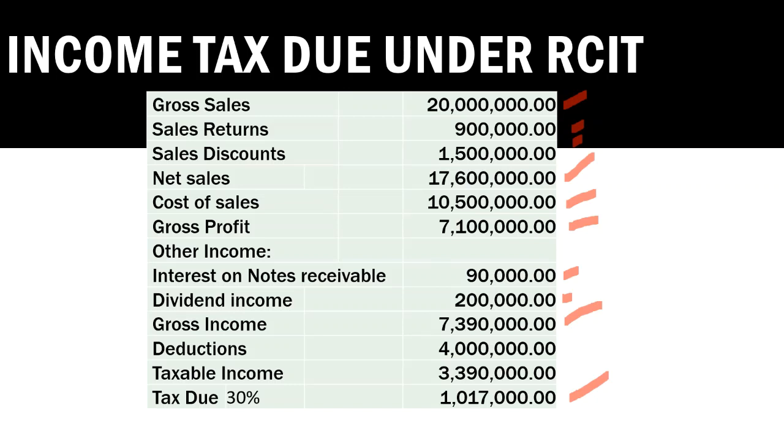And then we deduct the 4 million itemized deduction. So we get the taxable income of 3,390,000. And there you go, you will get 1,017,000, which is equivalent to 30%. That is your tax due.